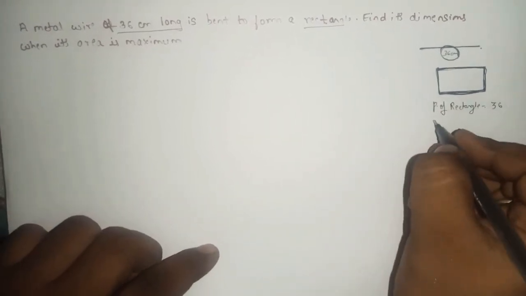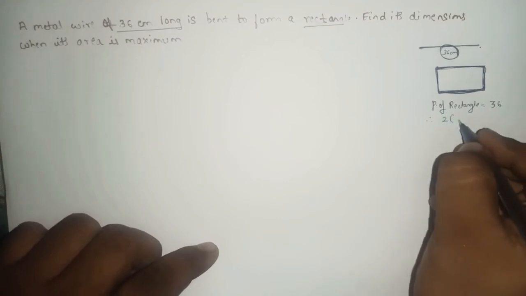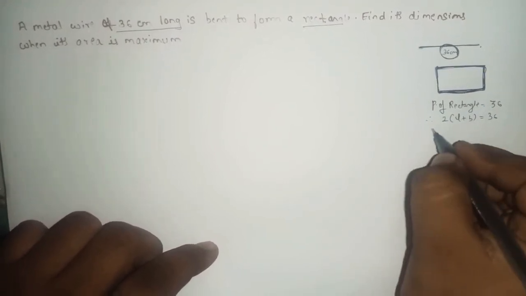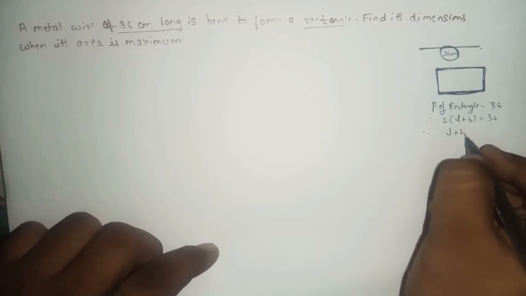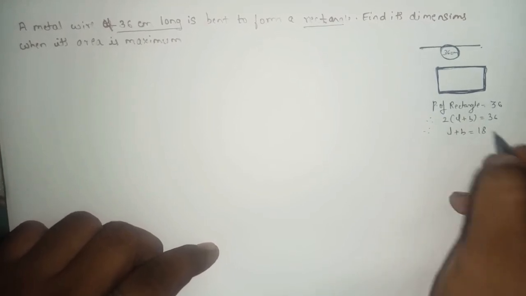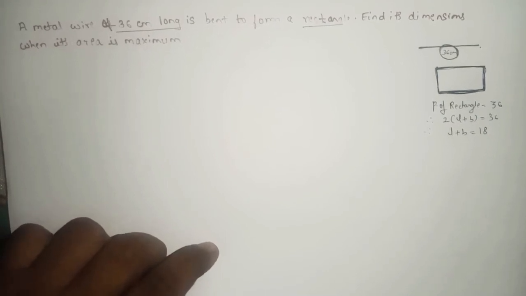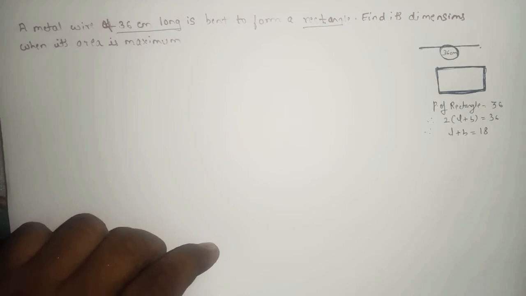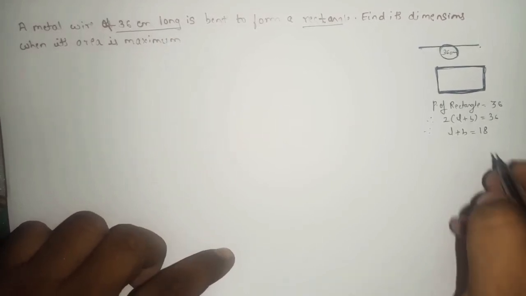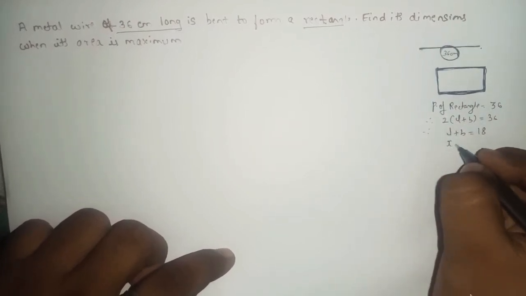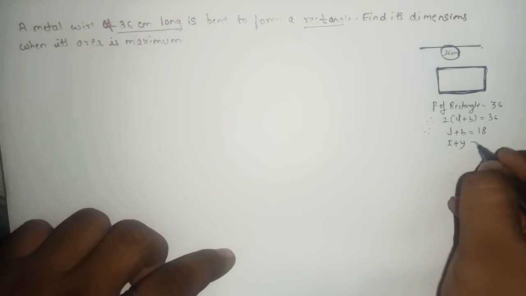Okay, so what do you mean by perimeter of rectangle? It is 2 times (L plus B) equals 36. Yes or no? So 2 will go down, so L plus B equals 36 by 2, it will be 18. Got the point? Here we don't know the length and the breadth, so we'll take the length as x and the breadth as y.